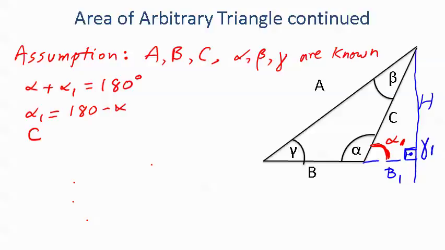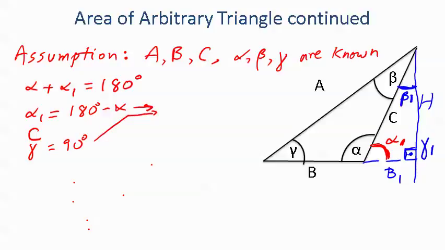And then I'm going to go up here to where the angle beta is and say that this angle here is beta 1. So going back, we now know angle alpha 1, we know side C, and we know angle gamma 1 being 90 degrees. We will use the information from angle alpha 1 and from gamma 1 in order to find angle beta 1.